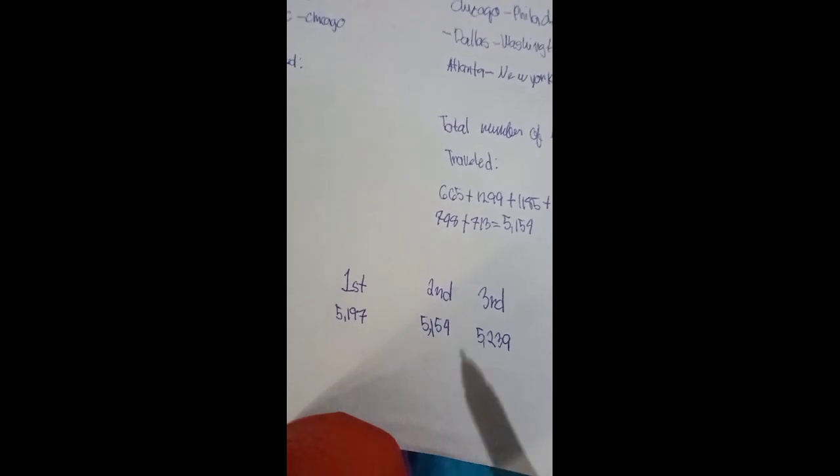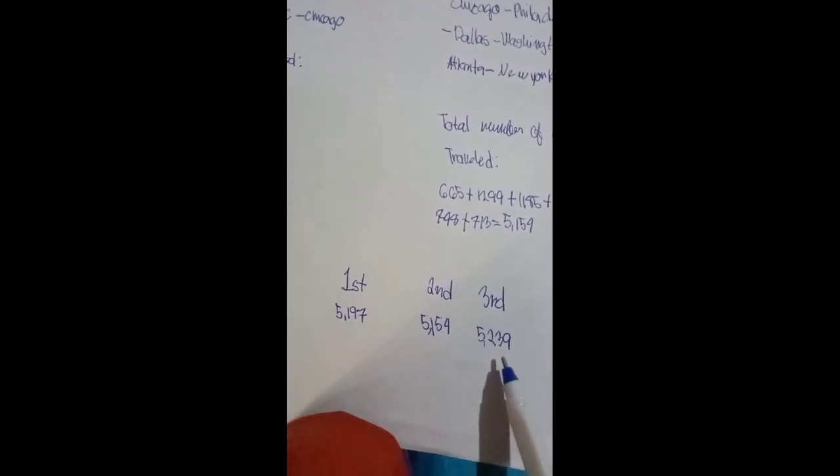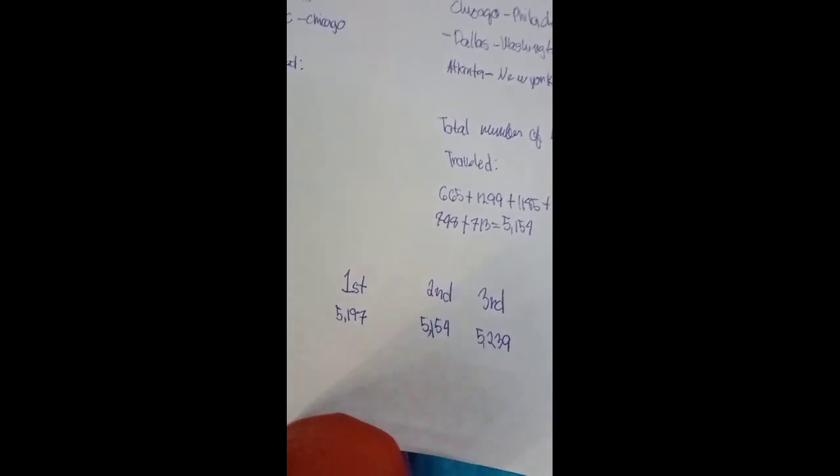And the highest of the three routes is our third route, with a total of 5,239. So, what is the purpose of a weighted graph?